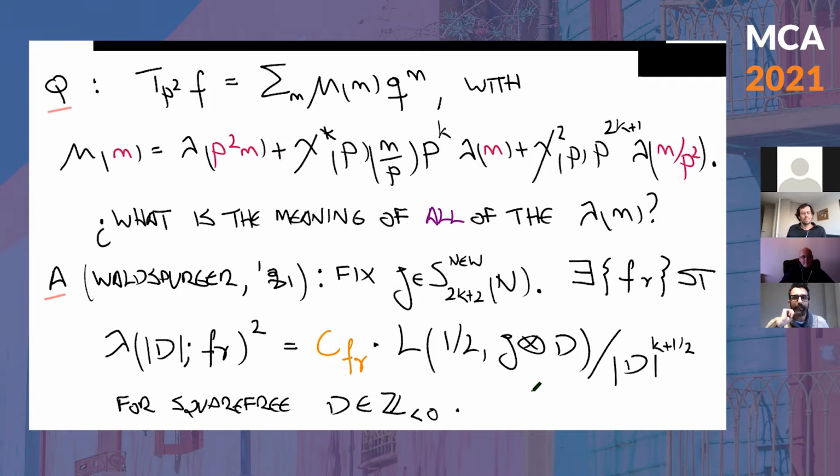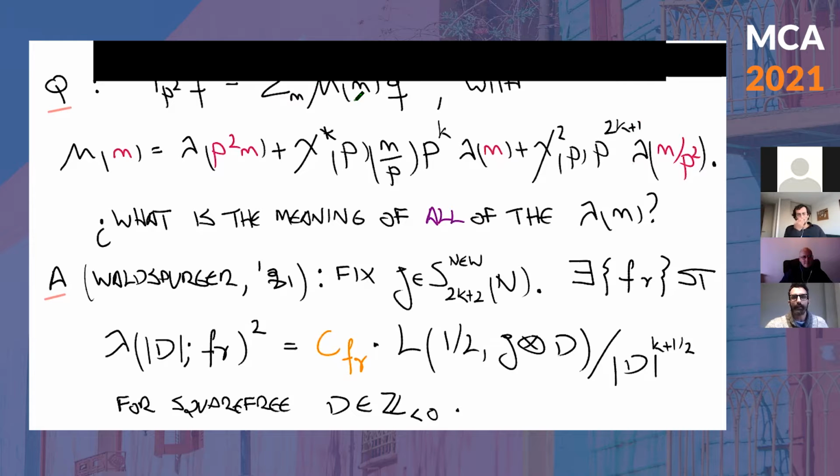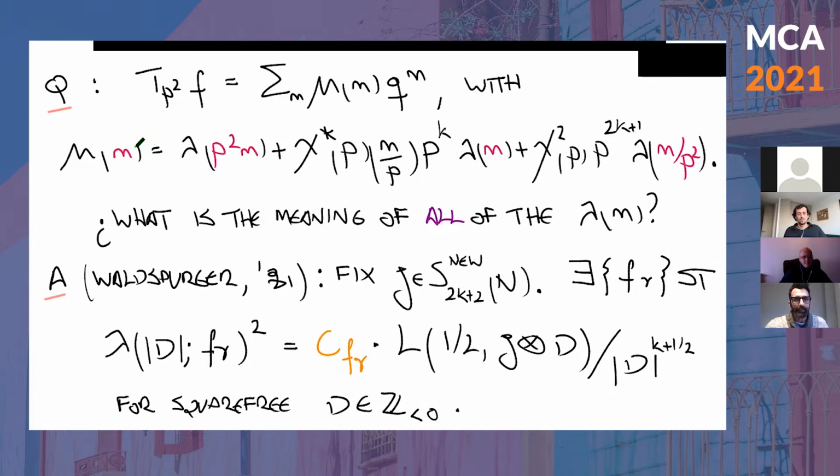In his article, he leaves a couple of questions. One of them is the following. He gives this formula which shows how the Hecke operators act on the Fourier coefficients. So the Fourier coefficients of T_{p^2} acting on f have these coefficients. The mu's belong to f acted on by T_{p^2}, and the lambdas belong to f.